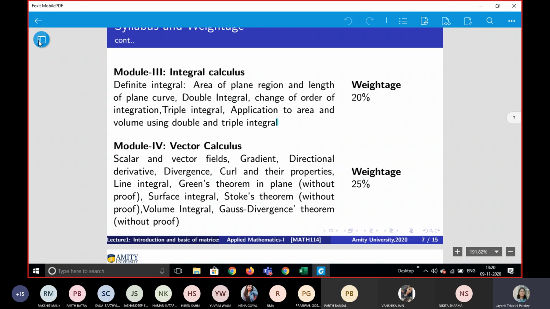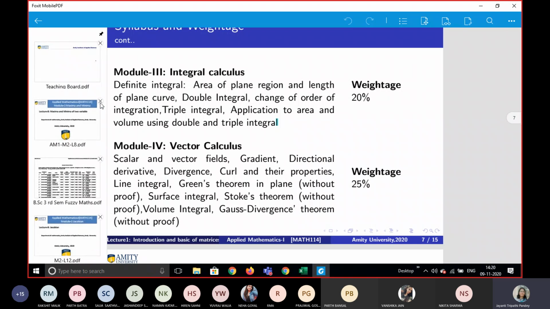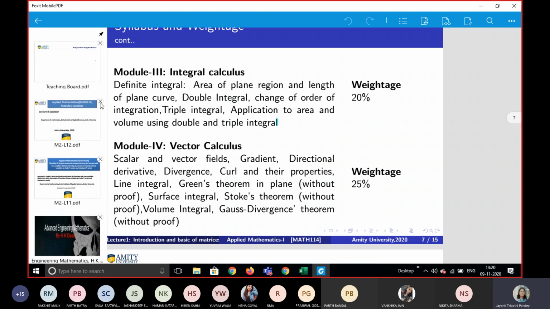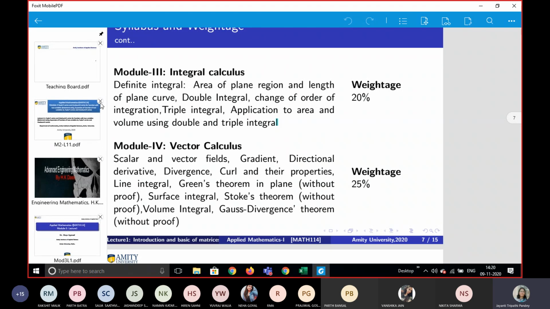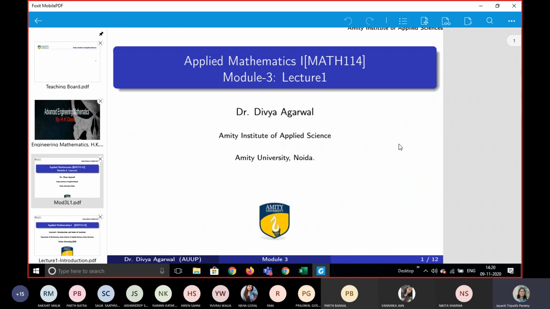So let us start with this. Let us start with the first part of this portion.